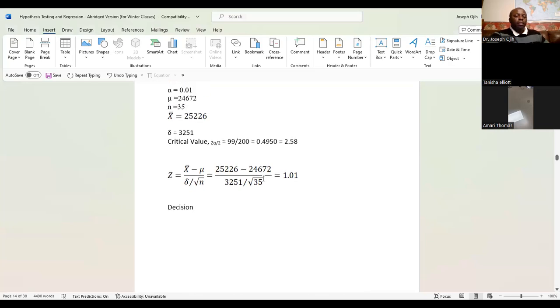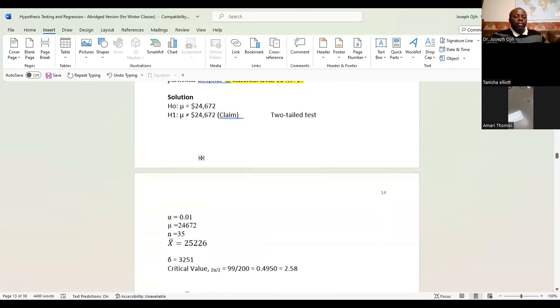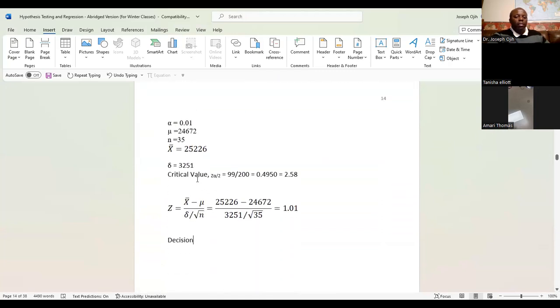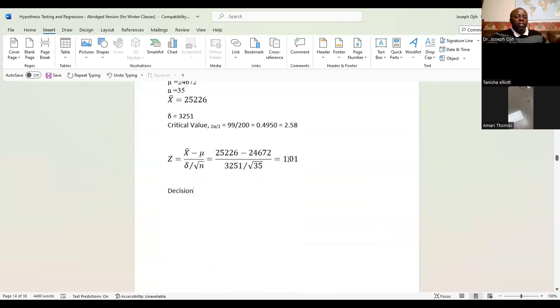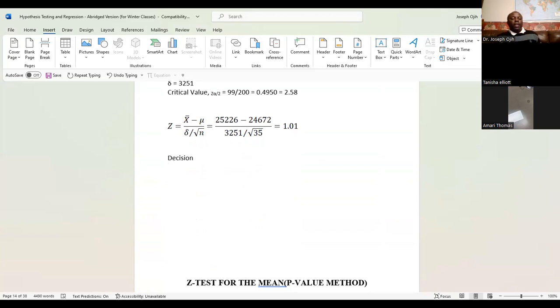Yes. So we have the critical value, the hypothesis, the test statistic, and the result of the test. Now let's make a decision. Our critical value, Z alpha over 2, this is a two-tailed test, equals 2.58 right here.